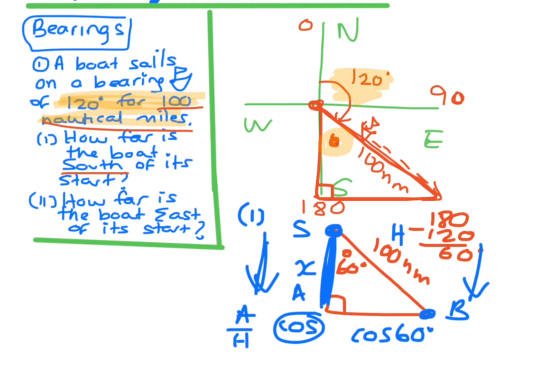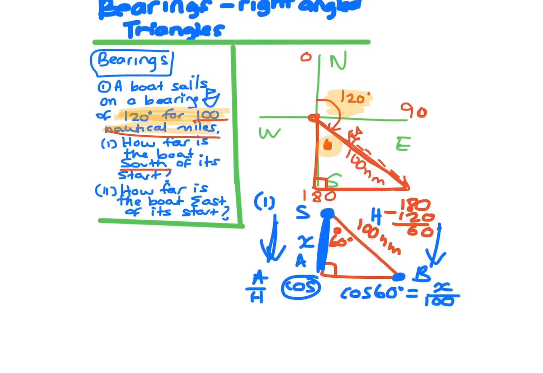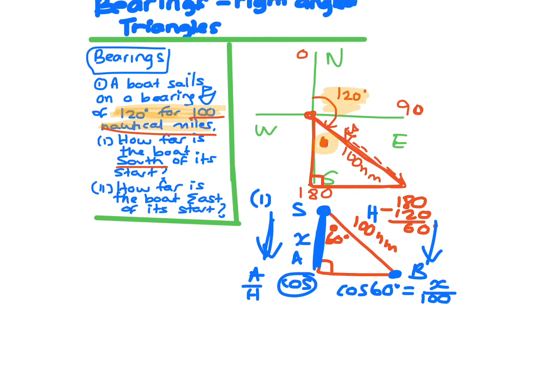So cos 60 equals X on 100. Now, X is on the top there, and you want to get rid of that 100, so you have to times by 100. So they cancel out. So X equals 100 times cos 60, and you end up with 50 nautical miles.